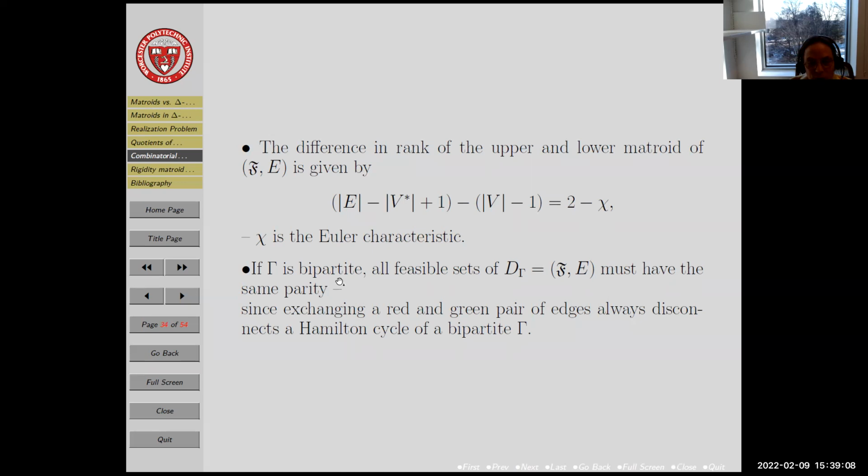And so if you have a non-bipartite graph, you will get in your delta matroid feasible sets that don't have the same parity. So in the bipartite case, or in the orientable case of a map, the delta matroid must have all sets of the same parity. And if the map is not orientable, then the delta matroid has sets of different parity.